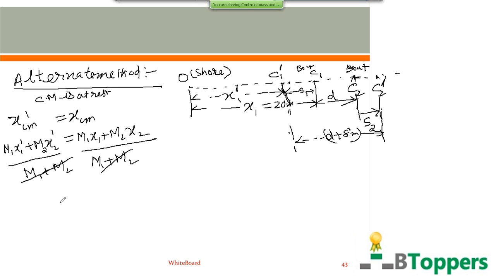M1 plus M2 can cancel. X2 dash is the new distance of the center of mass of the boat from the origin.